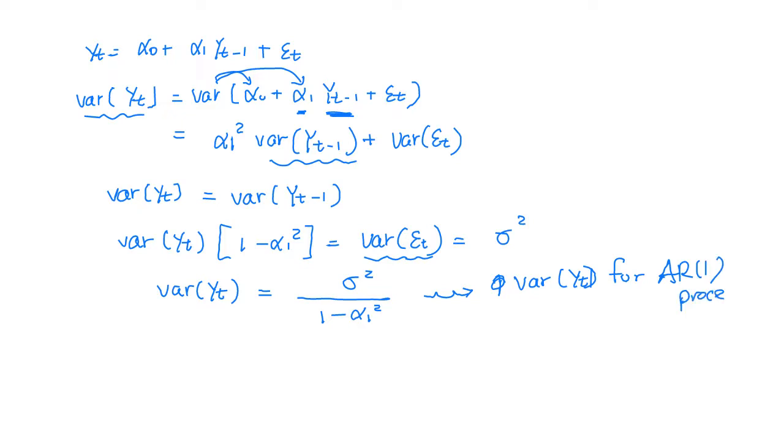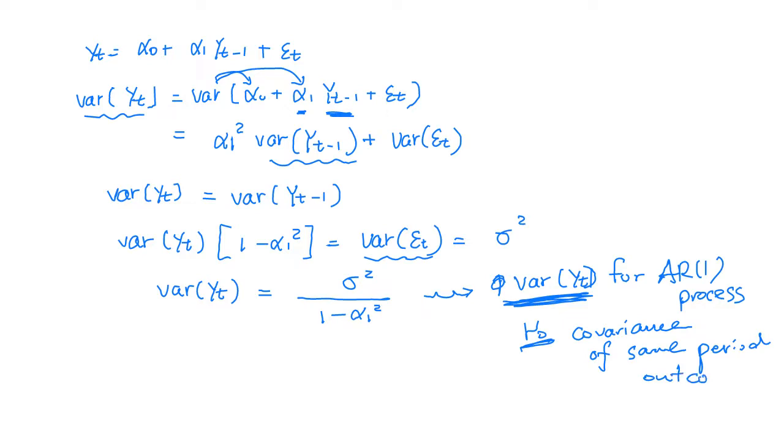Sometimes we use another term to describe this: gamma 0. What's this? The covariance of the same period outcome. Right? Now, we need to figure out what else. The other covariances, right?